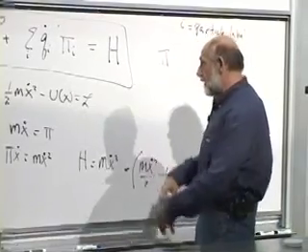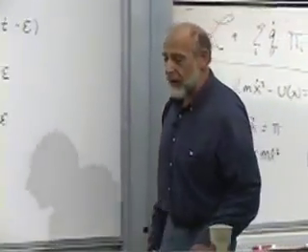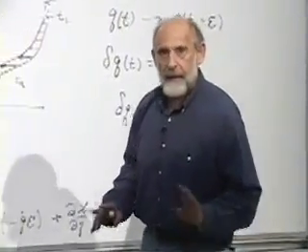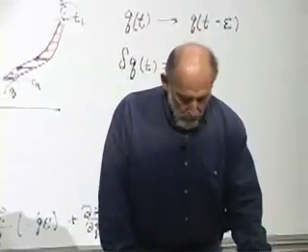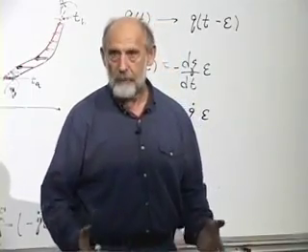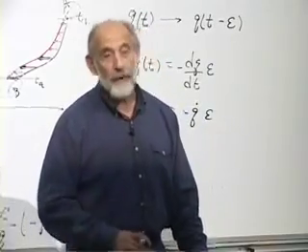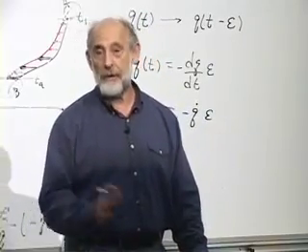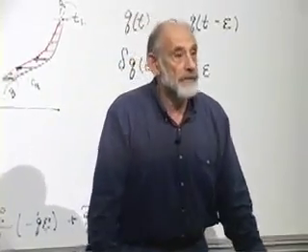The p is the partial of L with respect to q dot. It's important that you can solve for the q dots in terms of the p's. But I don't want to get into that now. This is basically single-valuedness of the connection between velocities and canonical momenta.